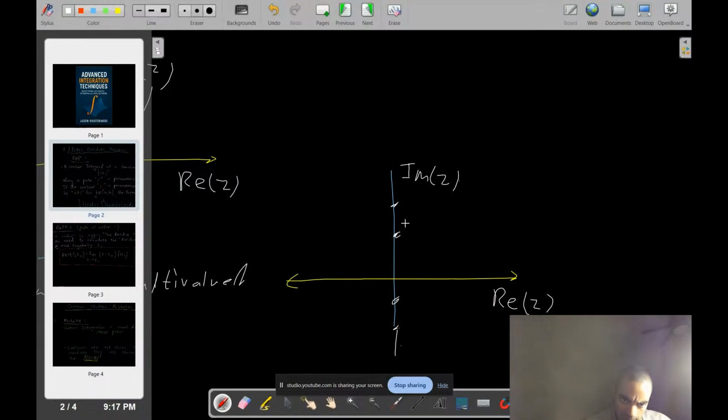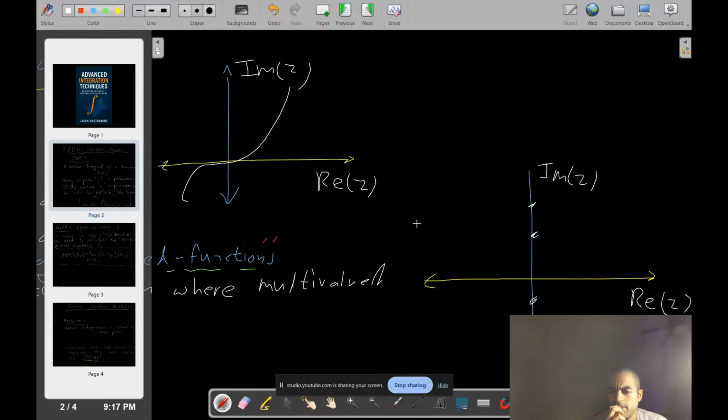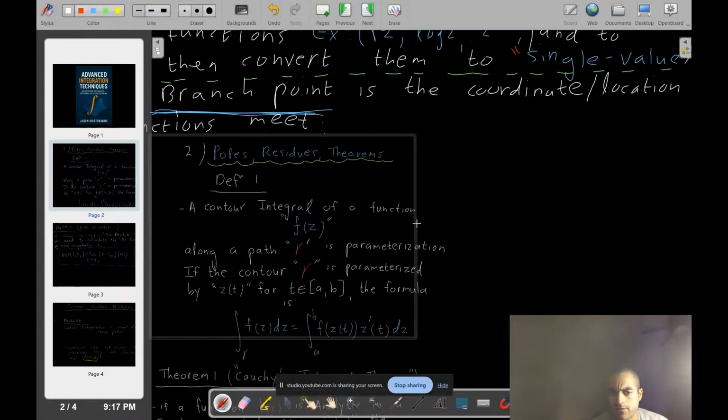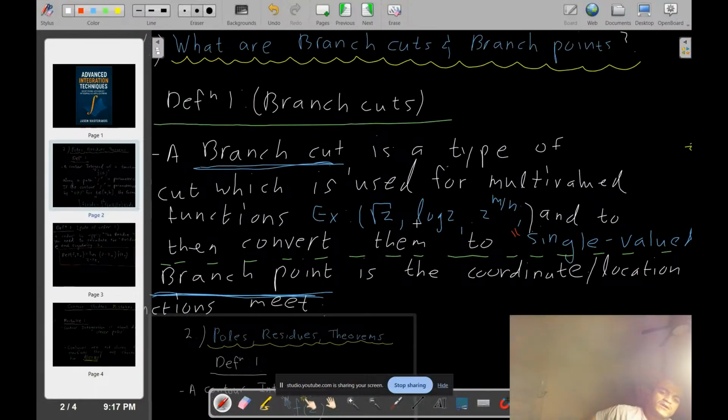So if you have a branch point, actually, I'll go directly to the theorems now. I'm going to use that second drawing, that graph, to discuss what I'm going to talk about next. I talked about branch cuts and branch points.